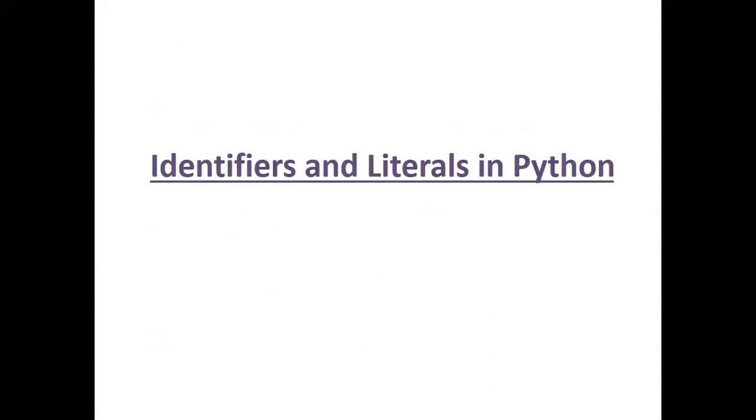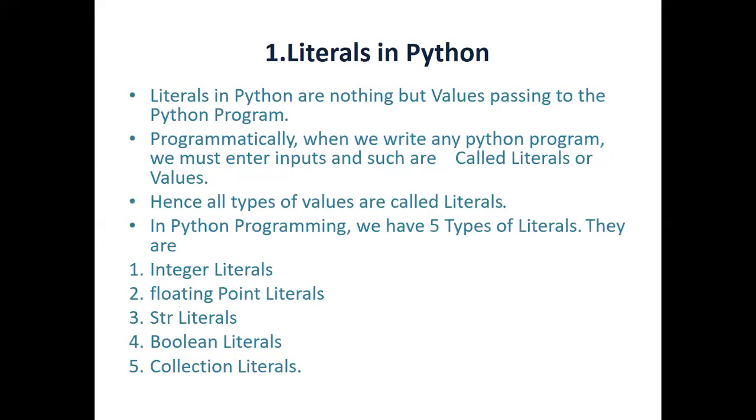Let's go ahead. Now we are going to discuss identifiers and literals in Python. So we are done with the features. Any questions? You can raise your hands or ask me in the chat box. Now, we are going to discuss identifiers and literals. Literals are nothing but the values passing to the Python program.